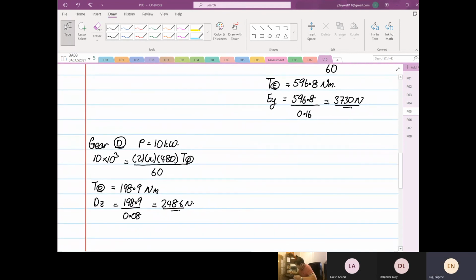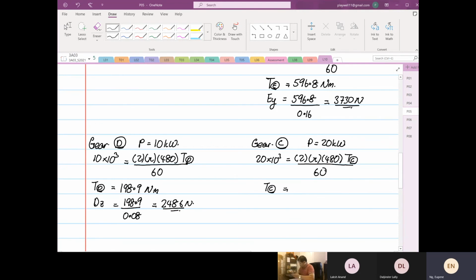You can see that this is very repetitive, where power is equal to 20 kilowatt. As I said, this is the easy part already. Once you finish the analysis, later on I'll show you where it gets challenging again, not impossible, but more challenging. So the torque at point C is equal to 20 times 10 to the power 3 times 60 divided by 2 pi divided by 480, which is 397.9.